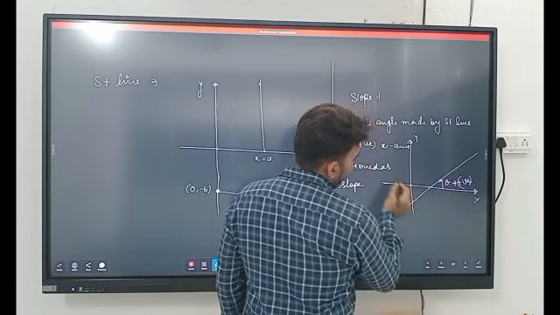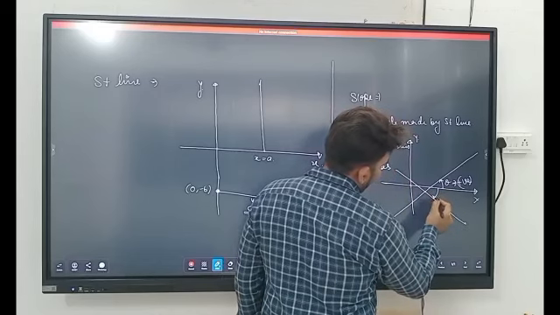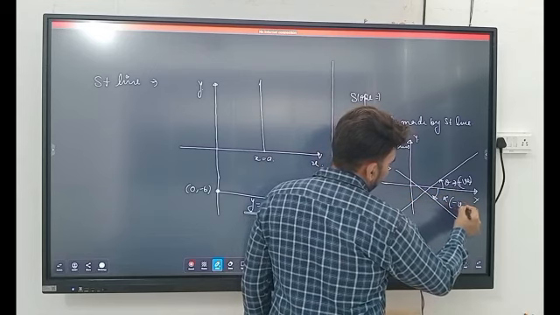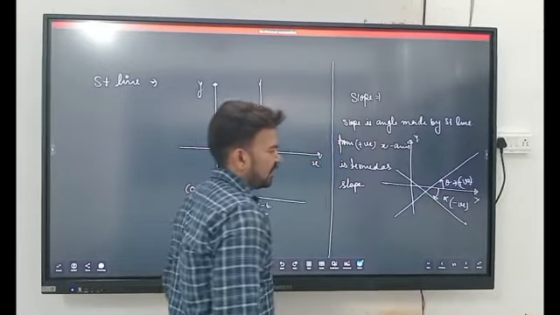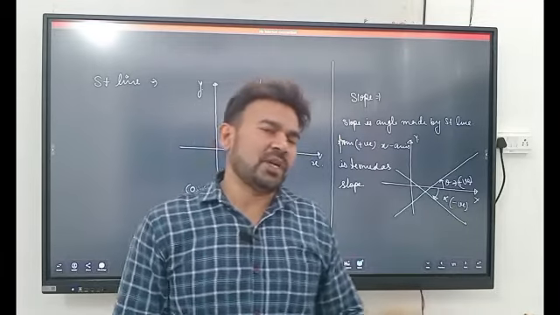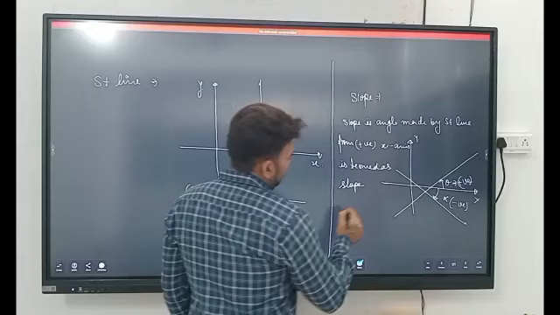While if we suppose a line like this, and we take this angle, let us suppose this angle is alpha, then this alpha will be negative. It means that I have taken the angle from the positive x-axis in the clockwise sense. So that's why we take the angle as negative here, right? So always remember that point.